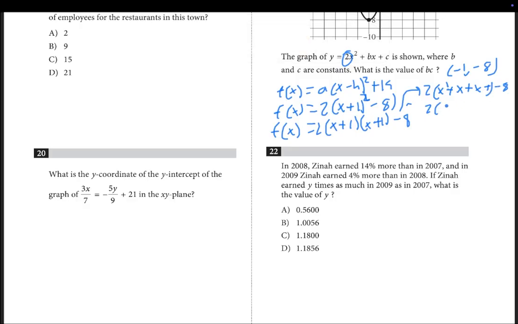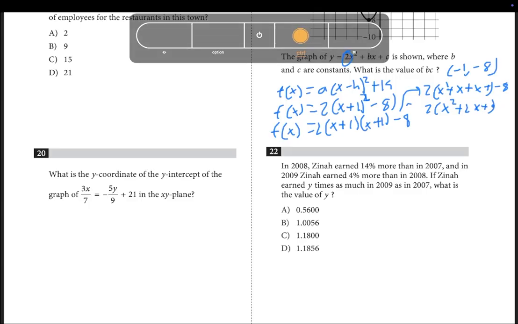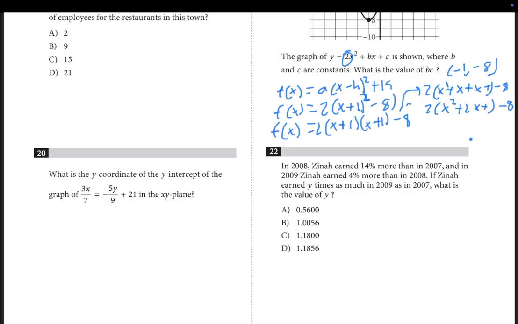So 2 times x squared plus 2x plus 1 minus 8, which is going to be 2x squared plus 4x plus 2 minus 8. So it's going to be 2x squared plus 4x minus 6. So b times c is going to be 4 times negative 6, which is negative 24. This is going to be your answer, negative 24.